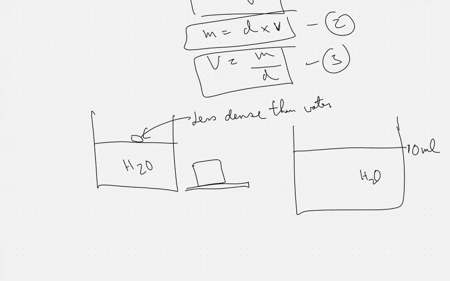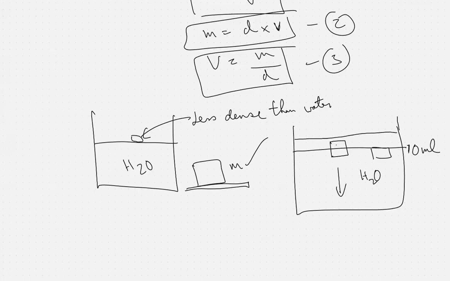Then you get the substance and dip it in water, and sometimes it might sink, sometimes it might float partially submerged, or it might float fully submerged. It doesn't matter. As a result, when you put this substance, the water level will go up. We'll say it went up to 15.